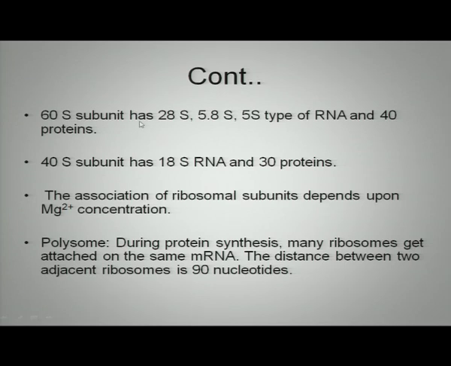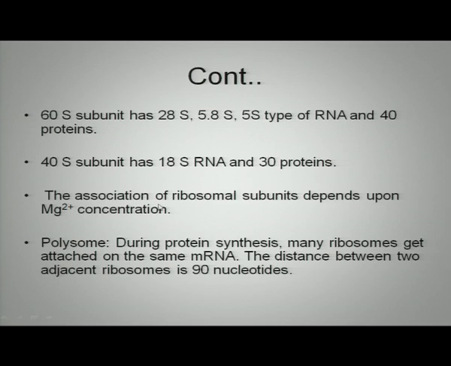The 60S subunit has three different types of RNA you can see here, 28S, 5.8S and 5S RNA, and 40 different types of proteins. Now coming to the smaller subunit, the 40S subunit, it has 18S RNA and 30 different types of proteins.